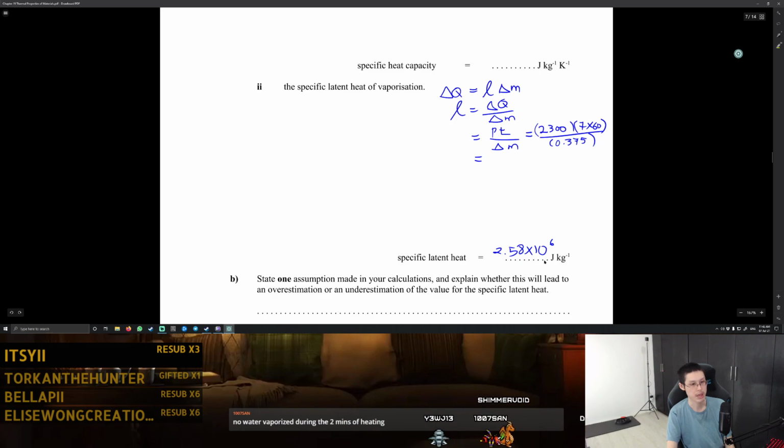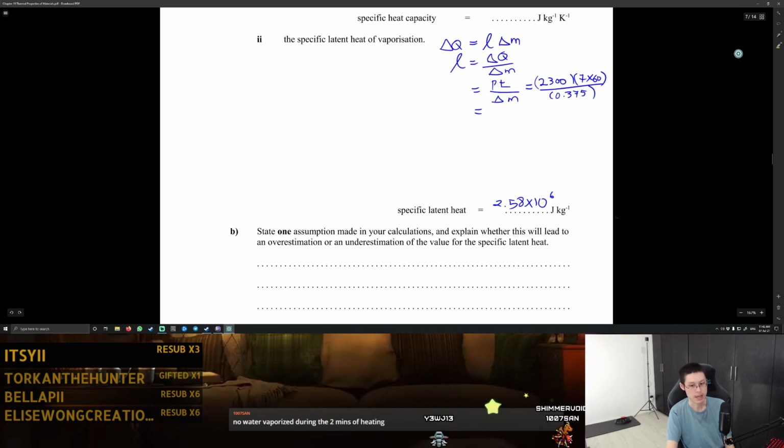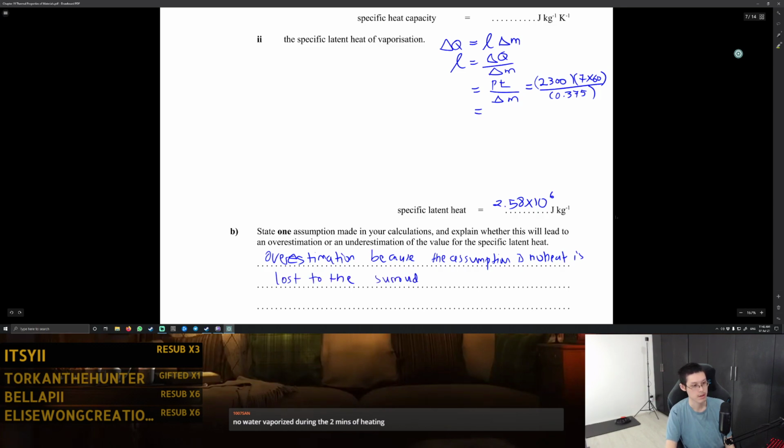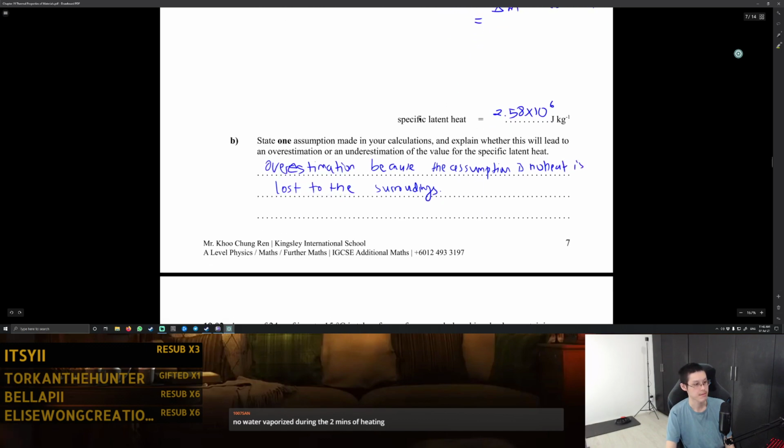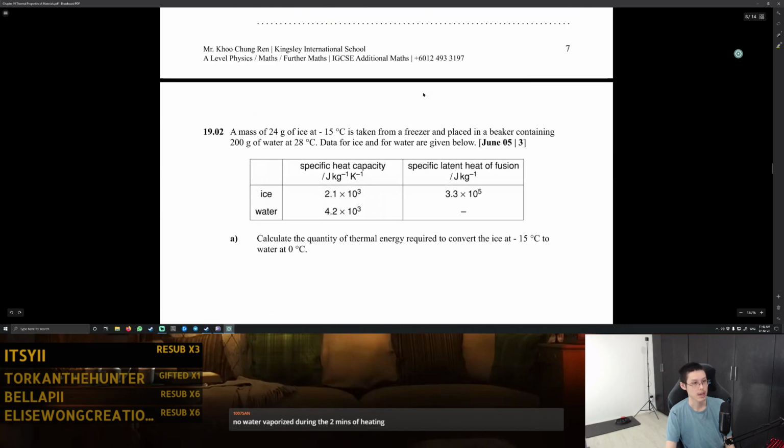So whatever we get here is actually an overestimation, because the assumption is no heat is lost to the surroundings. Okay, so there we go. Okay, moving on.